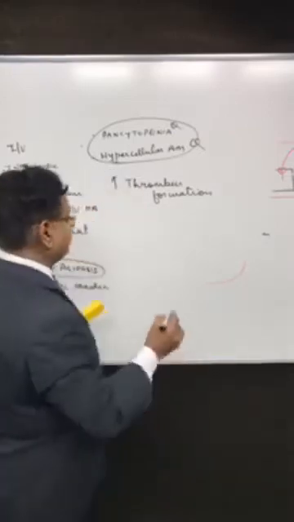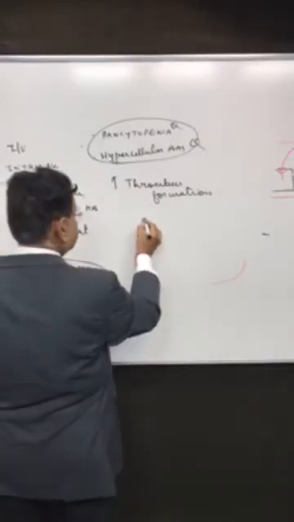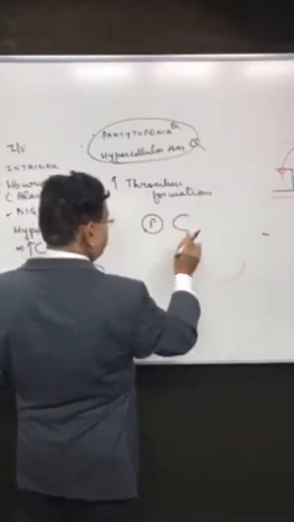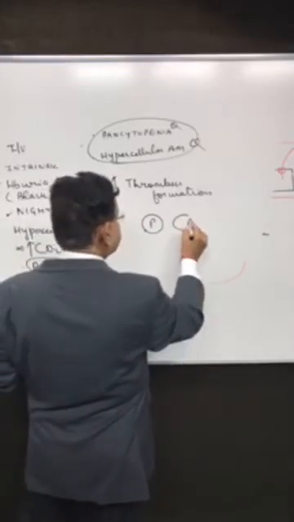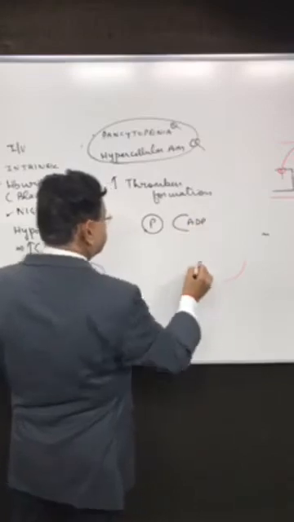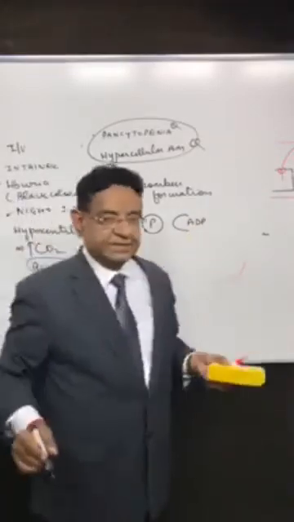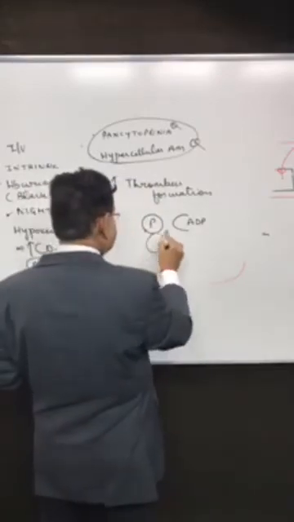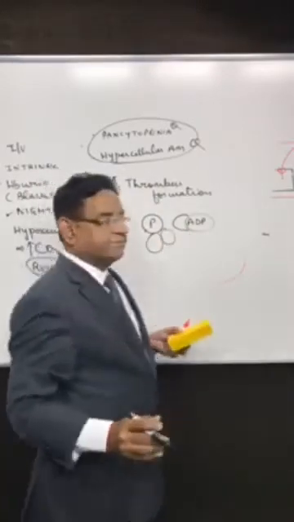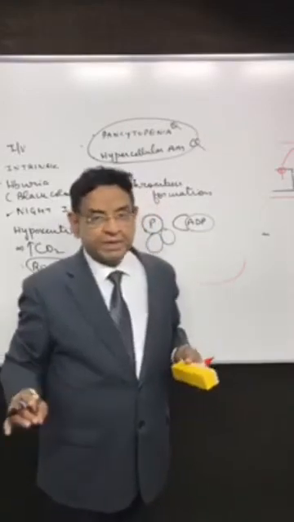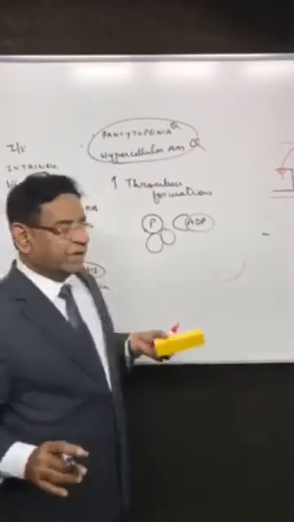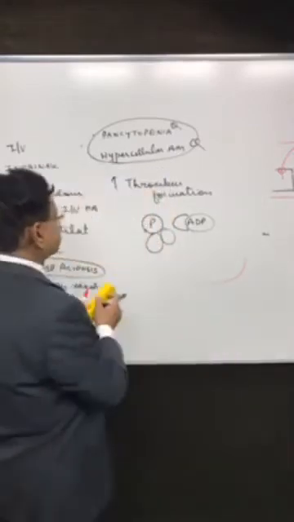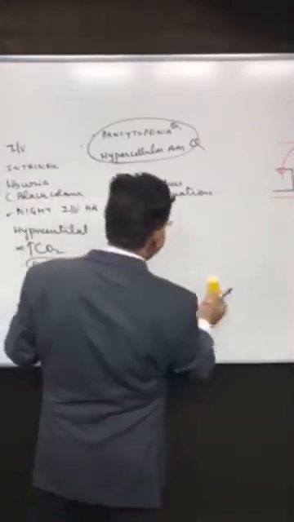Why? When a platelet is broken down, it releases ADP into the circulation. This ADP causes more and more platelet aggregation. It has a platelet aggregating property. So despite a low platelet count, there is aggregation of platelets, and that leads to clot formation, thrombus formation.